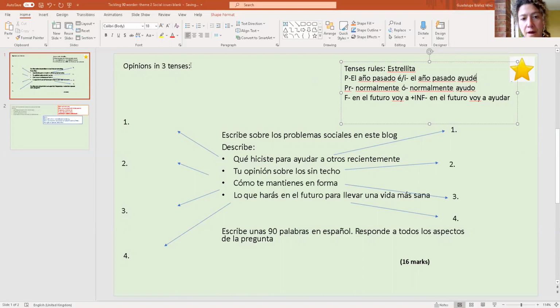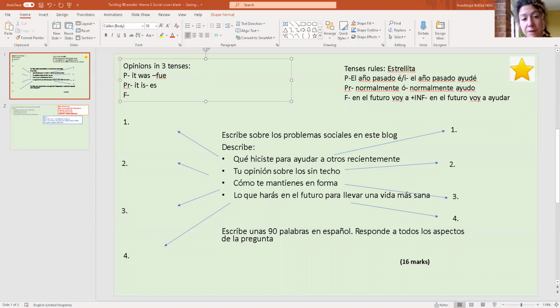The second thing that I want you to do is very similar, but this time with the opinions. So my past opinion, it was, I've got fue. Present opinion, it is, es. And the future opinion, we could do it two ways.